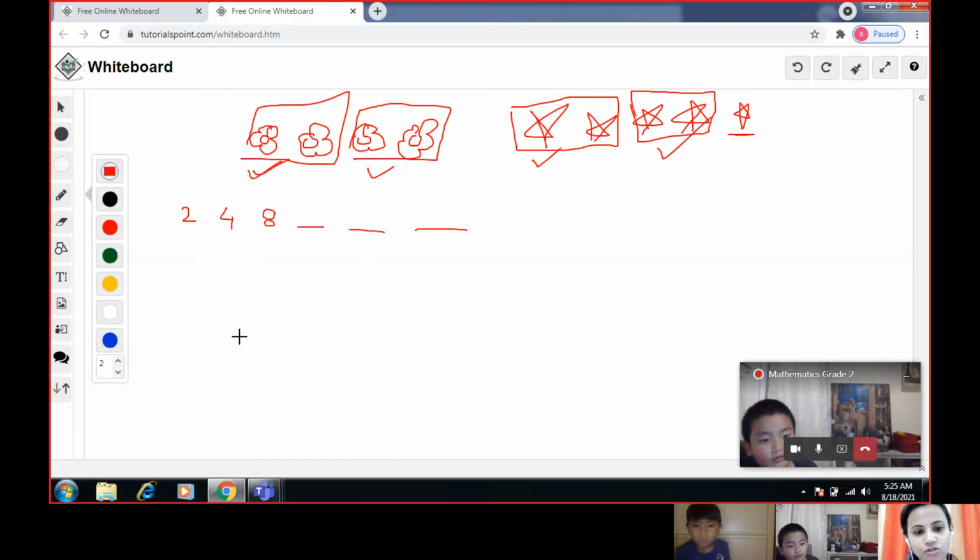You have to fill the patterns. Suppose in the first one 2 is given, then 4, then 8. Just tell me, by following the same pattern, what will be there in the 3 blanks.